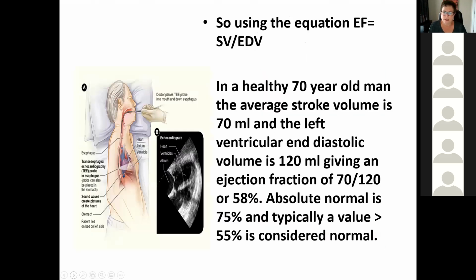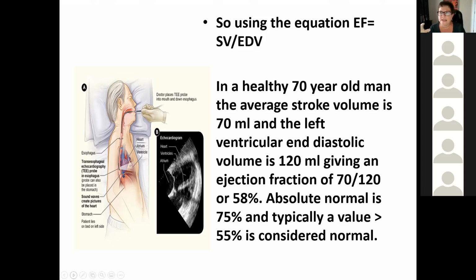And if I have a low stroke volume, so let's say here's a healthy 70-year-old guy, the average stroke volume is 70 mils. How do we get an ejection fraction? Well, we take the stroke volume and then we take the numeric value of our end diastolic volume or end diastolic pressure.